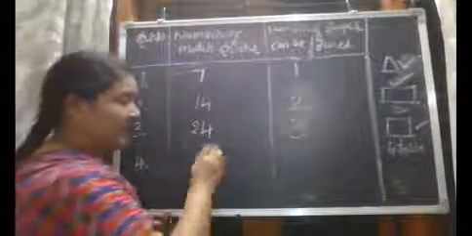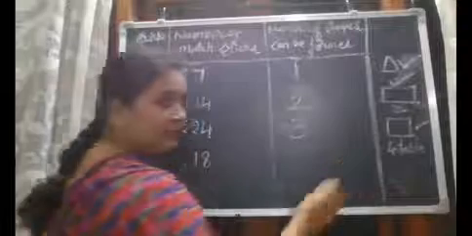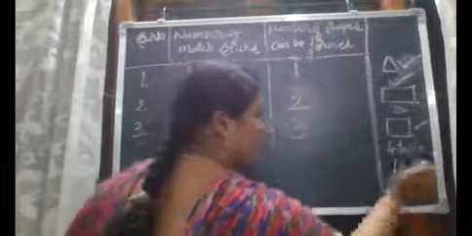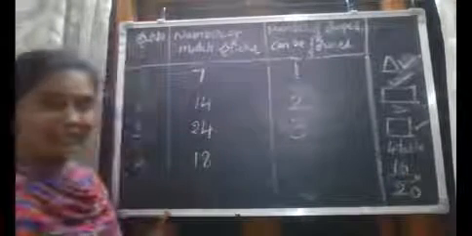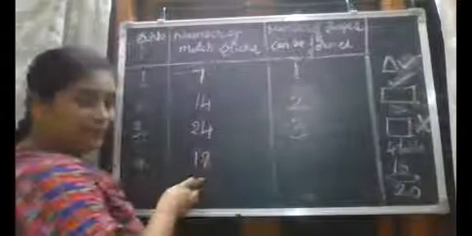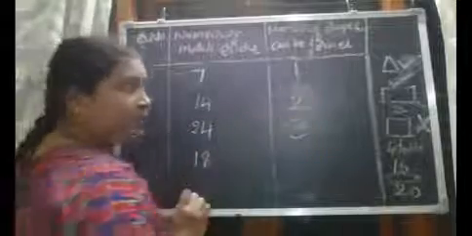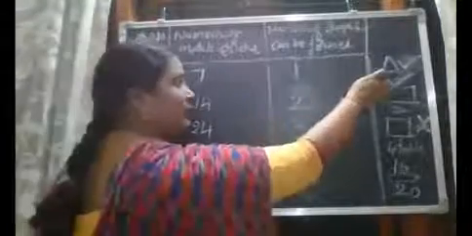Do we get 18 in the 4 table? 4 4s are 16, 4 5s are 20. Isn't it, children? 18 is missing, we won't get it. So we cannot make a square using 18 matchsticks. So how many shapes can be formed? Only 2, that is a triangle and a rectangle.